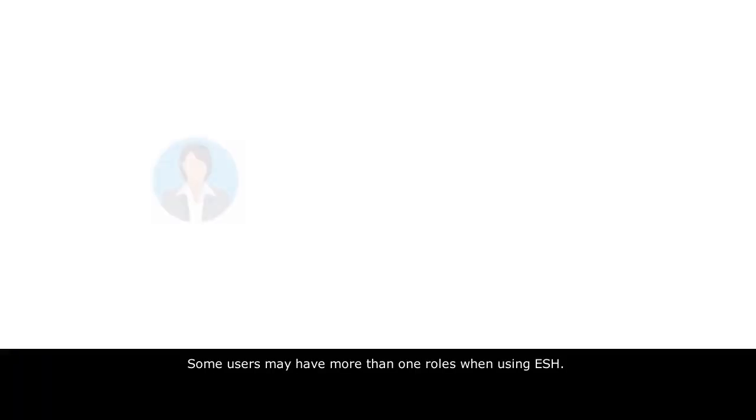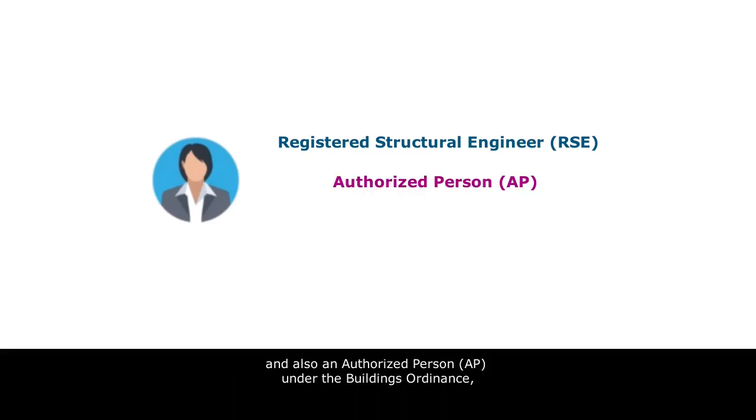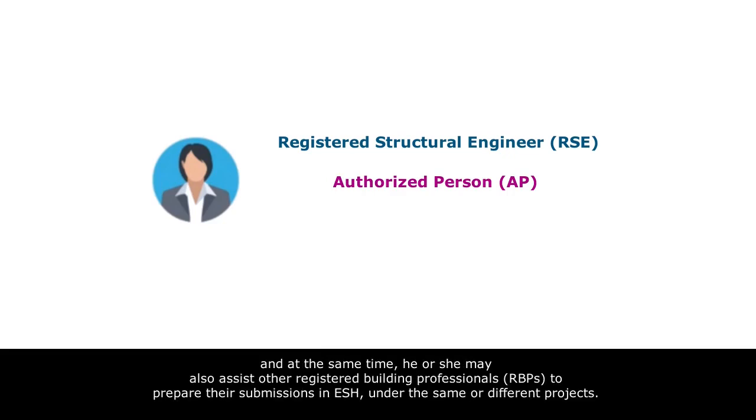Some users may have more than one roles when using ESH. For example, a user can be a registered structural engineer, RSE, and also an authorized person, AP, under the Buildings Ordinance, and at the same time, he or she may also assist other registered building professionals, RBPs, to prepare their submissions in ESH, under the same or different projects.